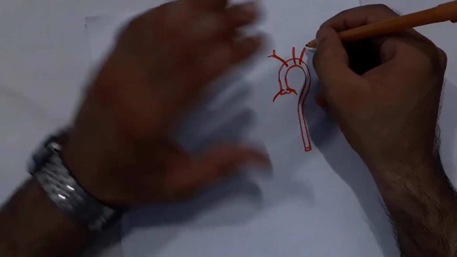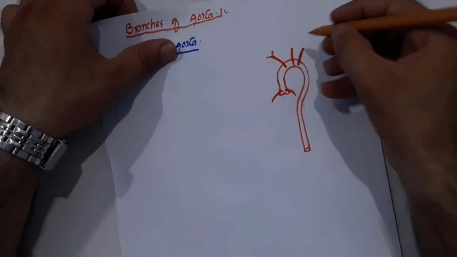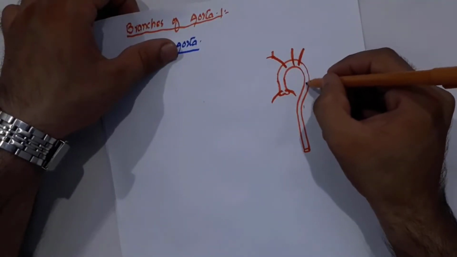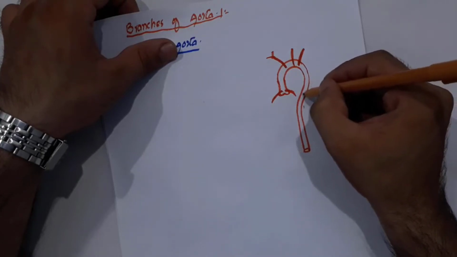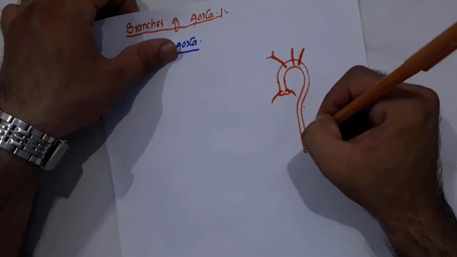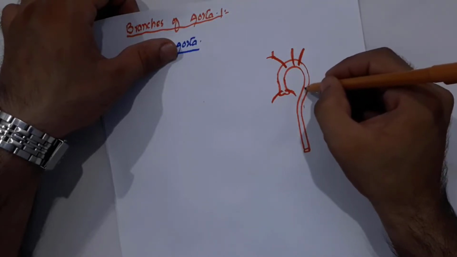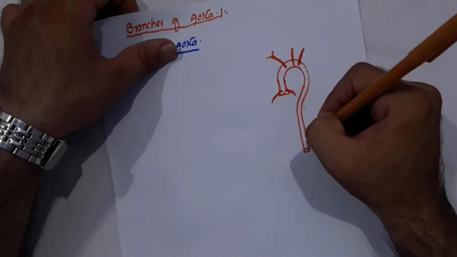We will name them and discuss them in detail. Then moving down, from other parts of this descending thoracic aorta, a next group of arteries arise. Those will be discussed in a separate lecture.